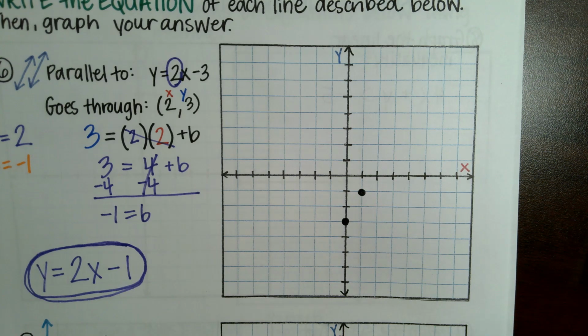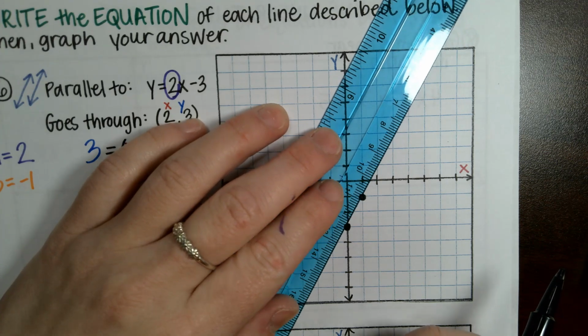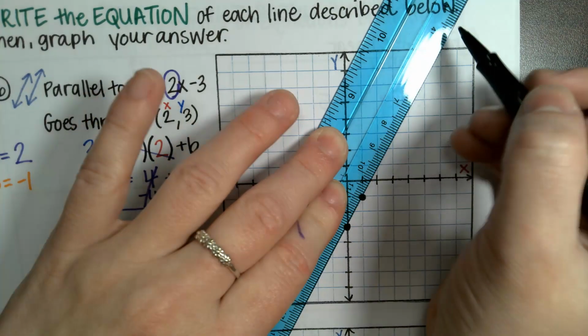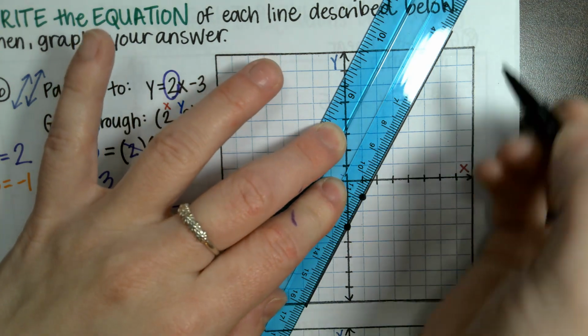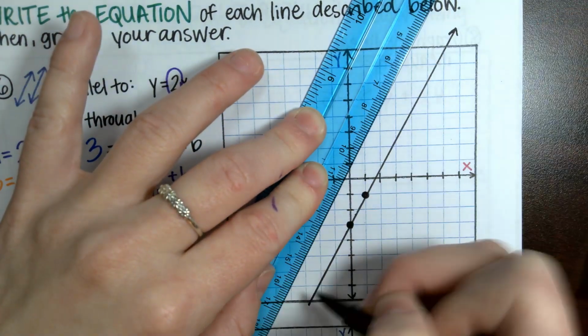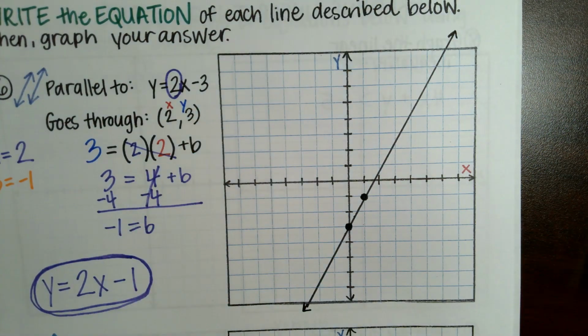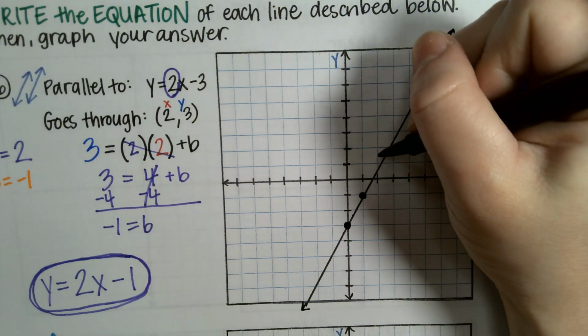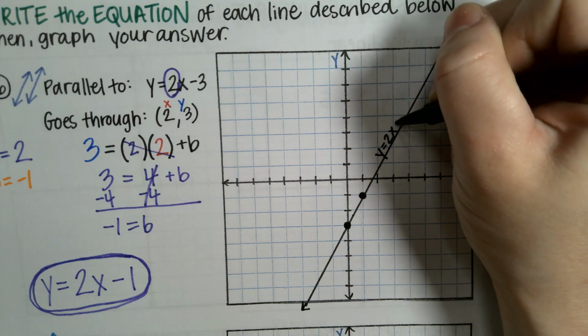This is our original line. So this would be a really great problem to label your lines on so that we can see which one is the original and which one is the new. There we go. So this is y equals 2x minus 3.